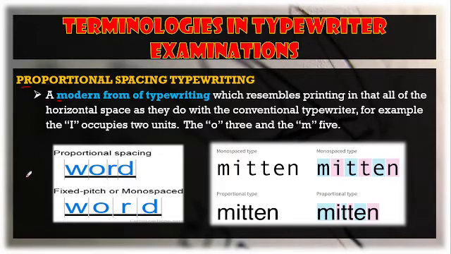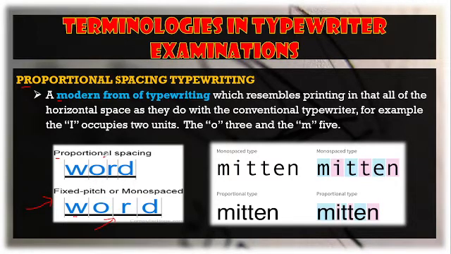Kasi some of the old or the first typewriters, they have the fixed pitch or monospacing of typewriting. So as you can see, nagko-consume siya ng mas malawak na space. Makonsumo siya sa papel just in case.